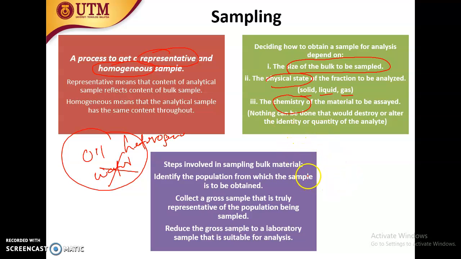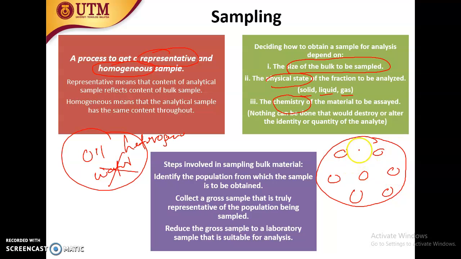When you want to do sampling, you have to identify, do I want to get a grab sample or a gross sample? You want to get a grab sample whereby, for example, for seawater in a 10 kilometer radius, you want to get 10 locations where you sample, so it represents the whole 10 kilometer radius.